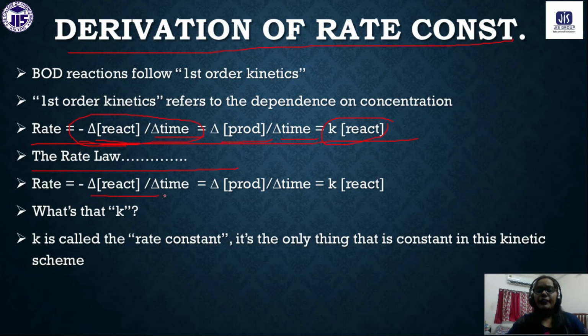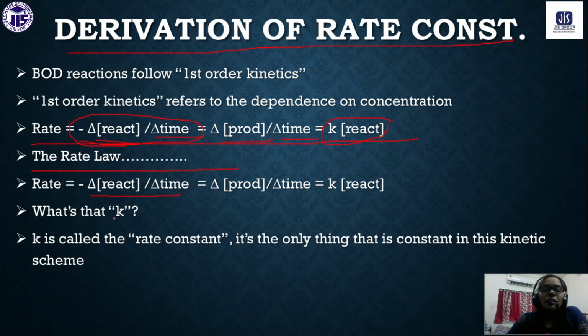So the rate of a reaction is generally defined as the amount of reactant decomposition per unit time, or the formation of product per unit time. That is the rate of the reaction. Understand?